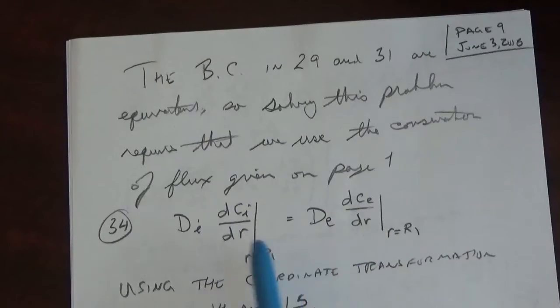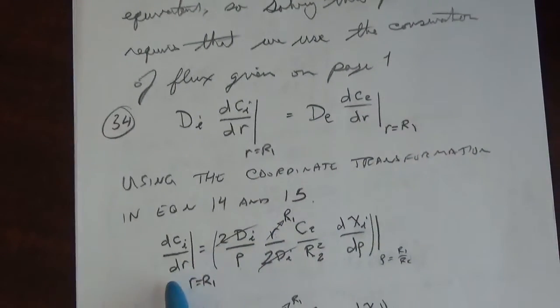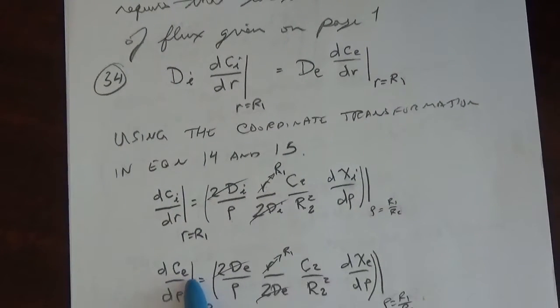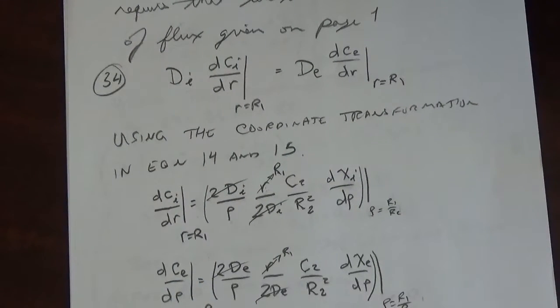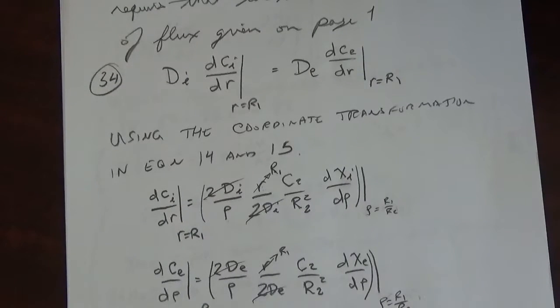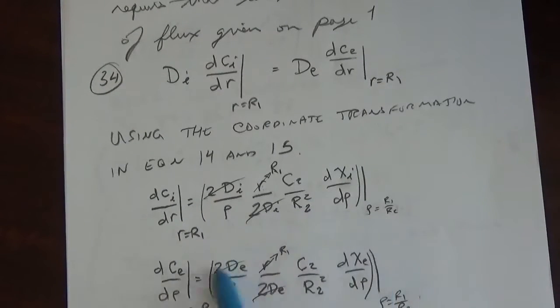So making substitutions, here the derivative of c with respect to r in the interior, and c sub e with respect to rho. Oh, is that rho or r? That's r, sorry. But you'll see it comes out the same.